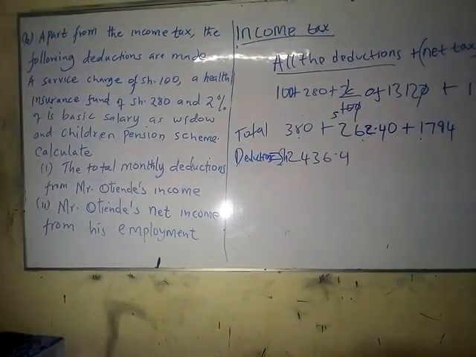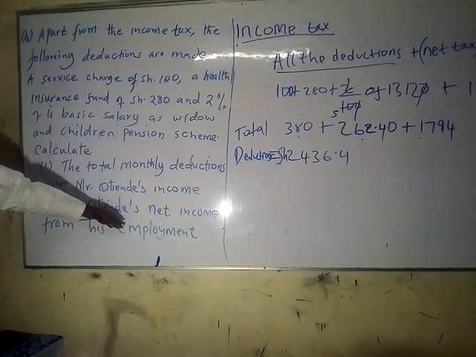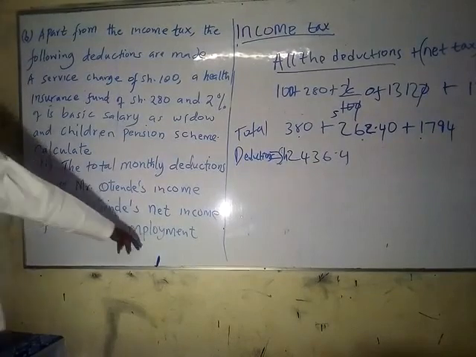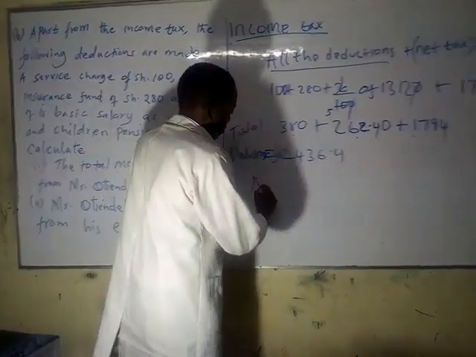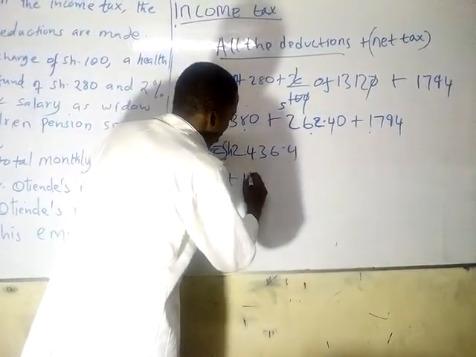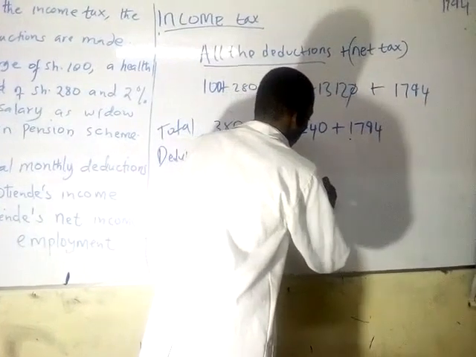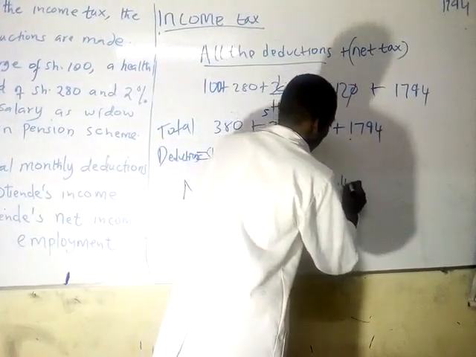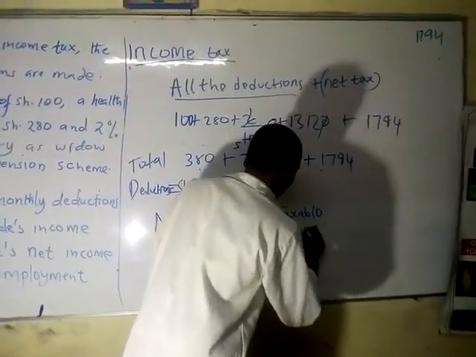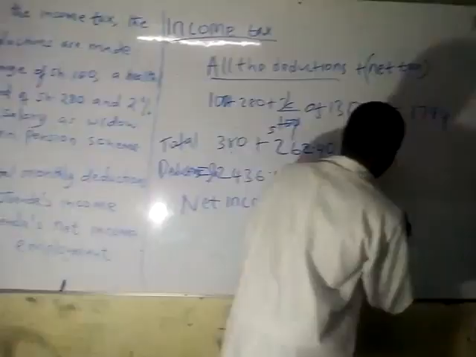The second question, Mr. Otiende's net income from his employment. Net income, I told you, is given by taxable income minus the deductions.